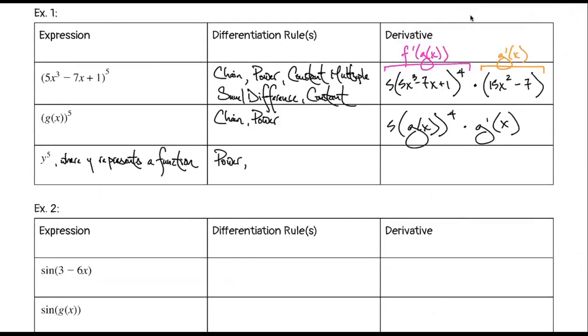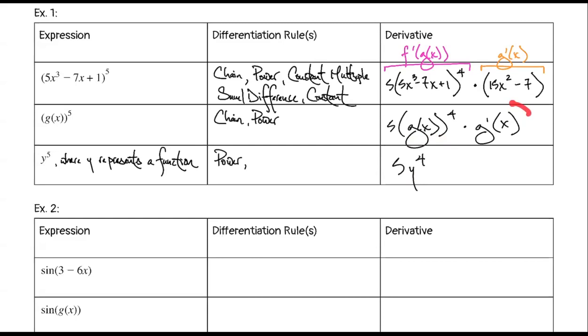All right, so if y represents a function, okay. So Sophia, how would you like to modify your answer? Because you typed in 5y to the 4th. Yeah, I think so as well. 5y to the 4th is really similar to g of x, like 5g of x to the 4th.